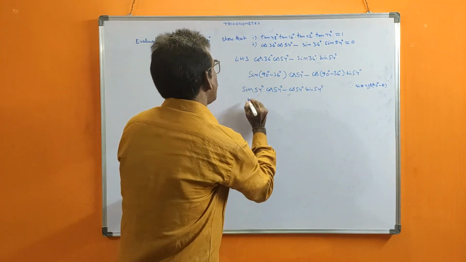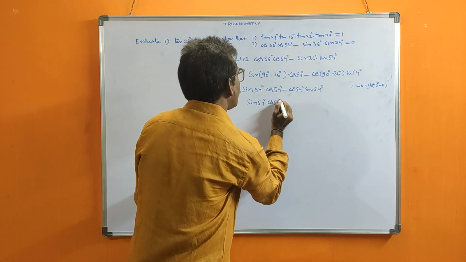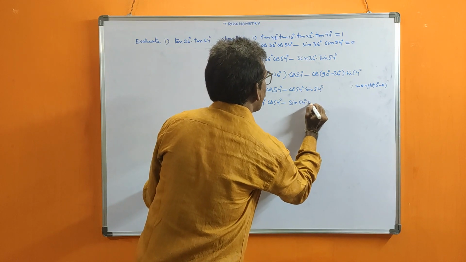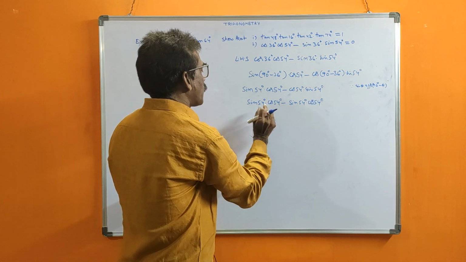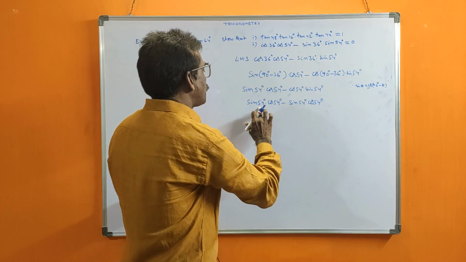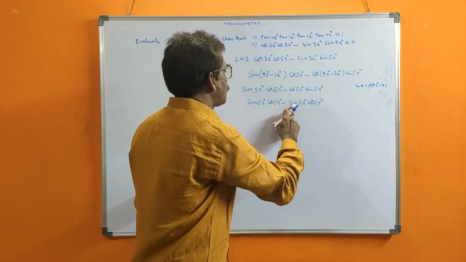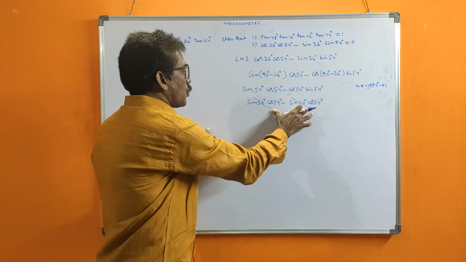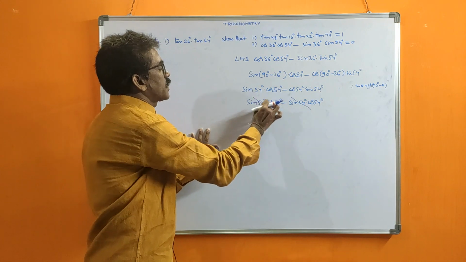Written in order, this is sin 54 cos 54 one term, and sin 54 cos 54 another term, the values are the same. If you take a as sin 54 cos 54, then a minus a cancels. In that way both the terms are equal. If multiplication is there, it becomes one term.